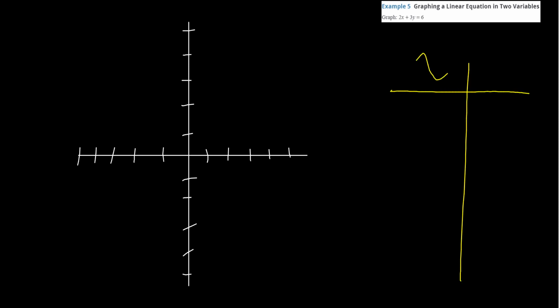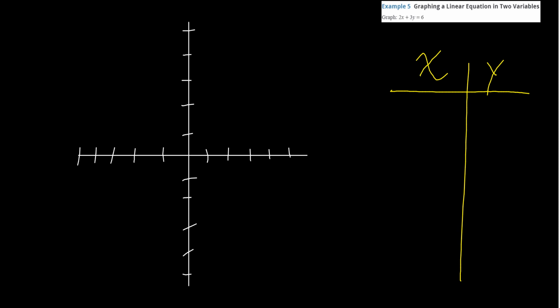Let's do the whole 1, 2, 3, 4, 5, 1, 2, 3, 4, 5, 1, 2, 3, 4, 5, and 1, 2, 3, 4, and 5. Okay. And we'll do our little plot over here. X, Y. All right, so let's go ahead and take this equation and solve it for y.